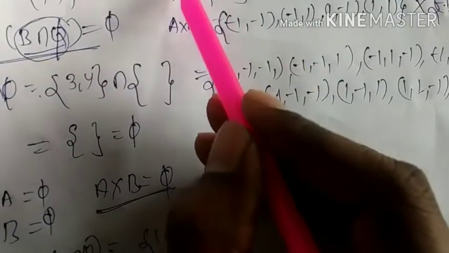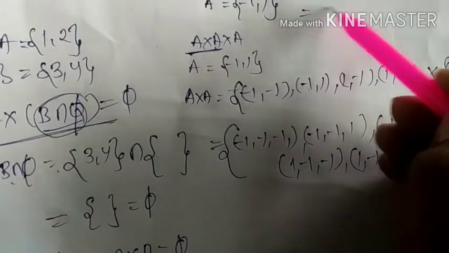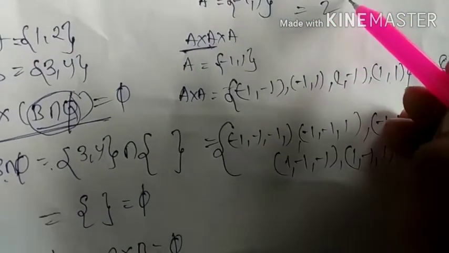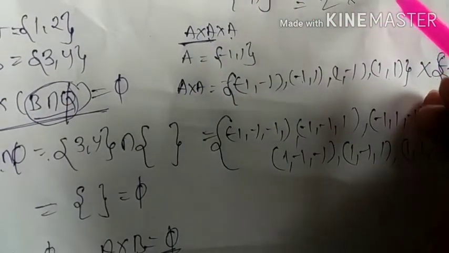Now let's check it. First, A has how many elements? 2 elements. Again A has 2 elements, and again A has 2 elements.